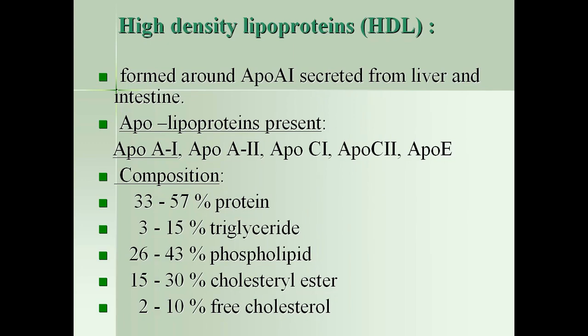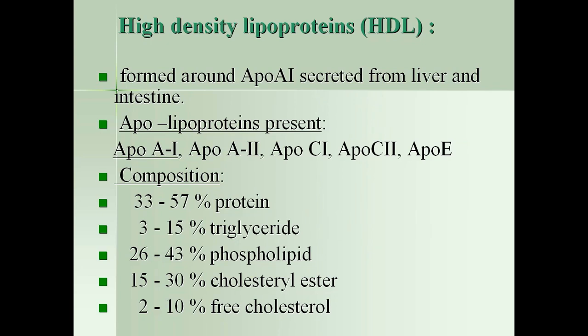Free cholesterol derived from peripheral tissue cells is taken up by HDL. The ApoA1 of HDL activates LCAT, lecithin cholesterol acyltransferase, present in plasma. Lecithin cholesterol acyltransferase then binds to the HDL disc.